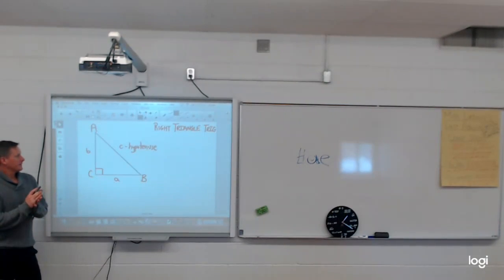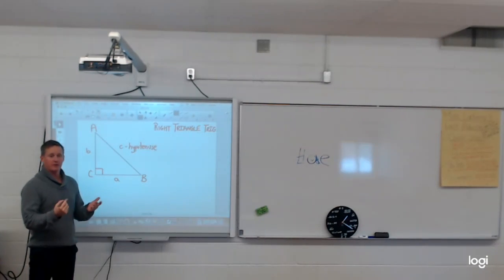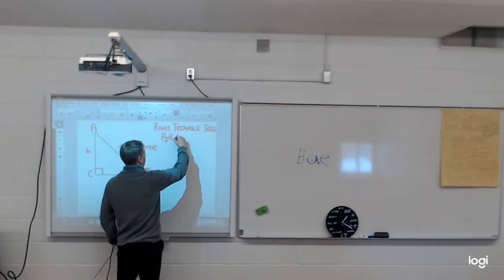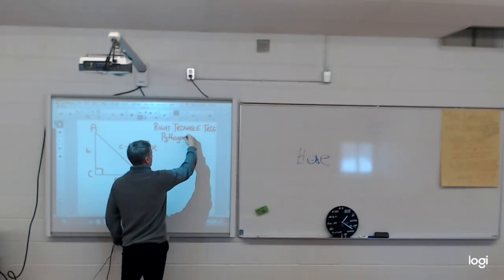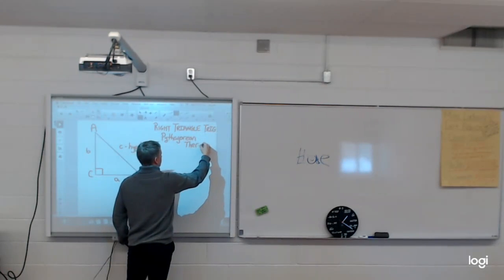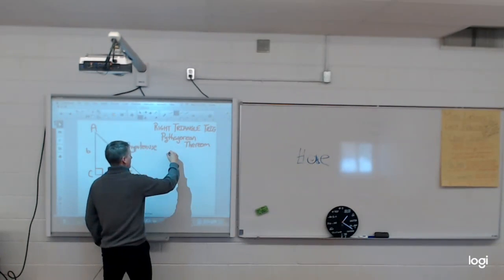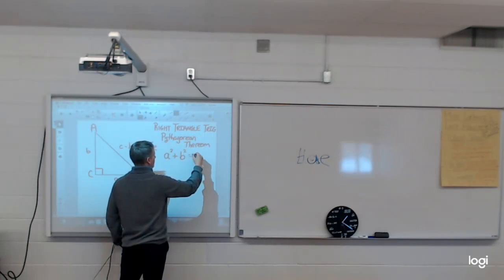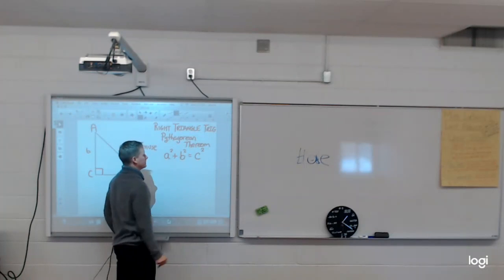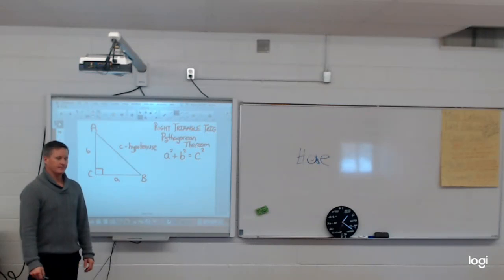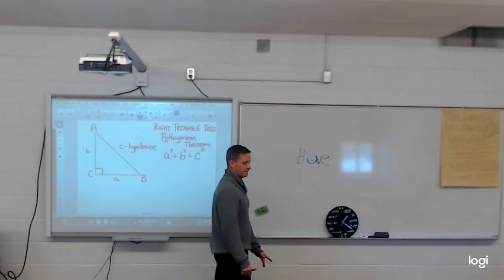All right. Now, Pythagorean theorem. It's the first thing you've learned so far, right? So you know all about this. The Pythagorean theorem: we take the two shorter sides and square them, and that will be equal to the exact length of my longest side squared.